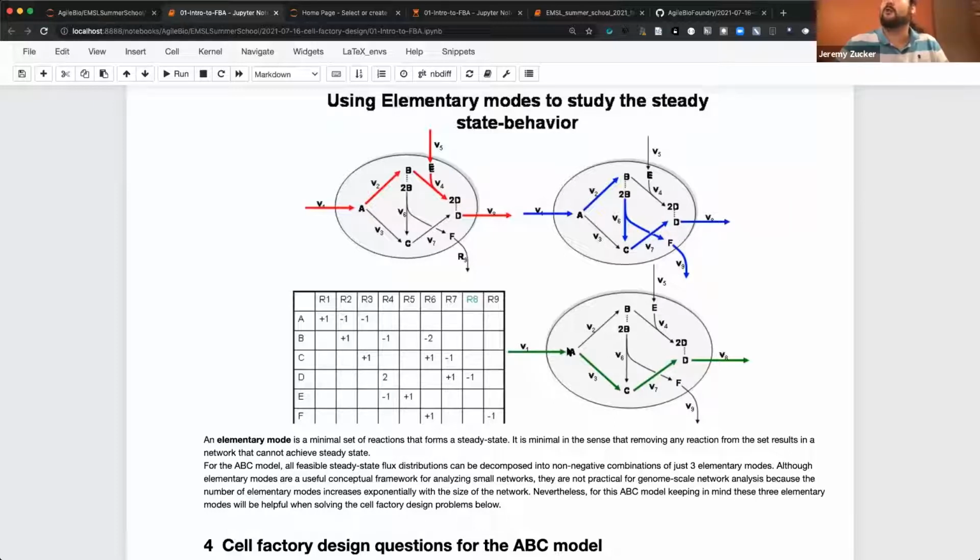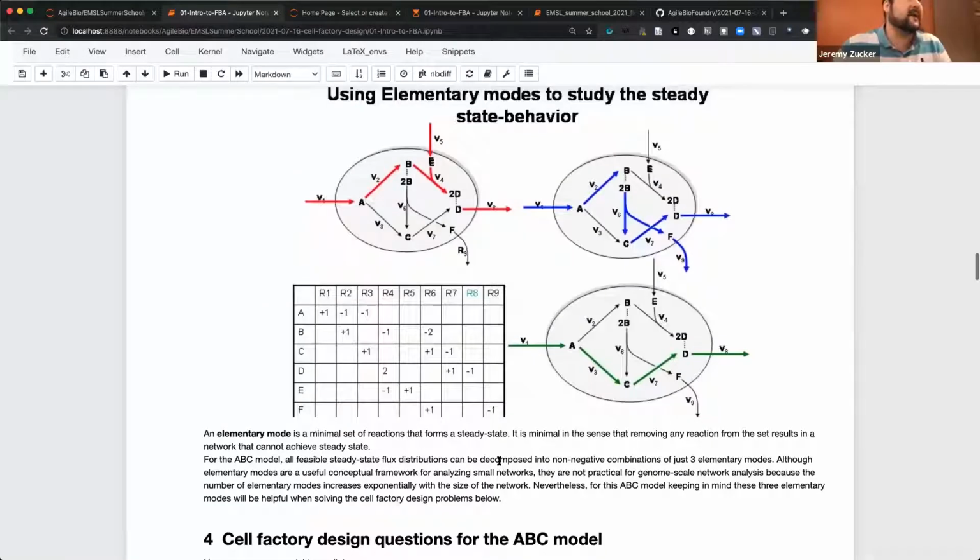Or I can just go V1 to V3 to V7 to V8 and out. And each of those 3 are minimal steady states in the sense that I can't remove any of these reactions. And together, any superposition of these elementary modes describes a feasible steady state solution.